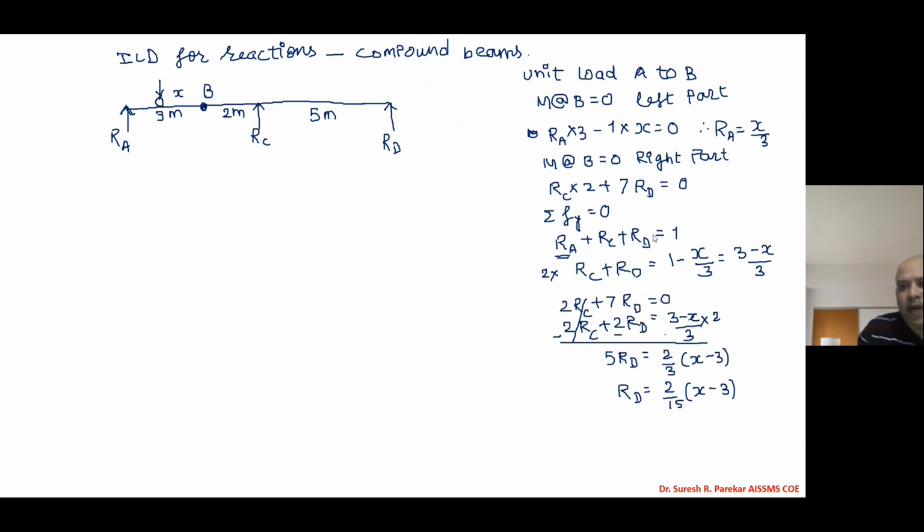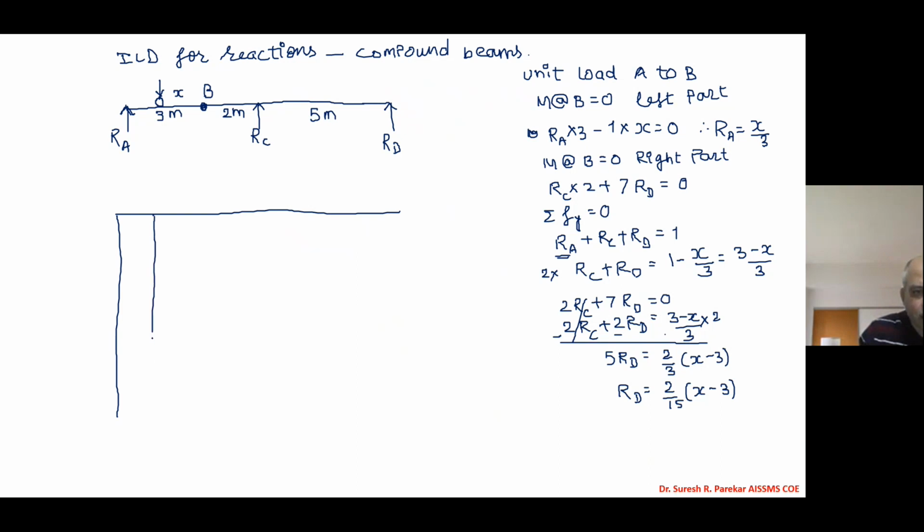Then we need not find the value of RC, or you can find it from this also, but once we know RA and RD, then RC we can find. So if you want, you can write the equation and find it also. So now we will go with the table.